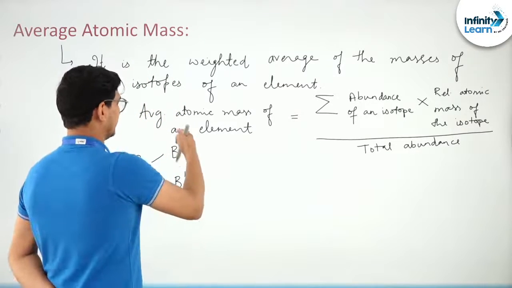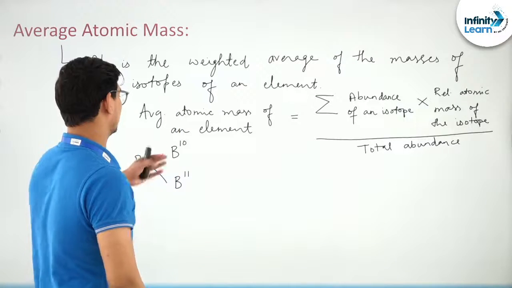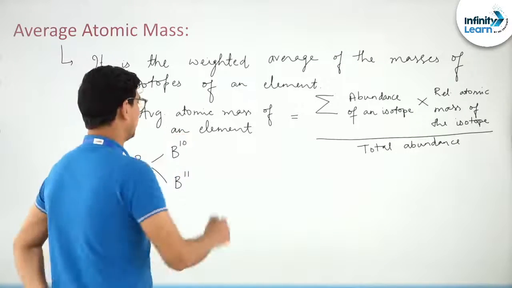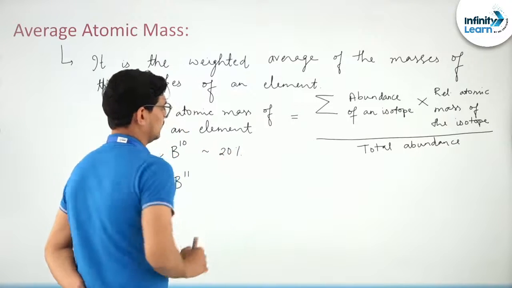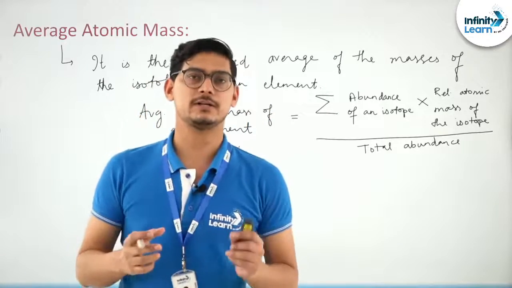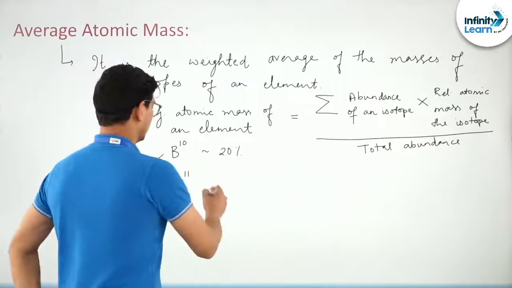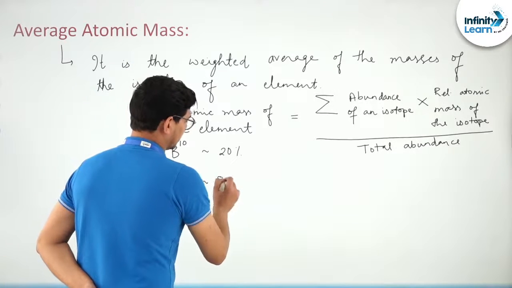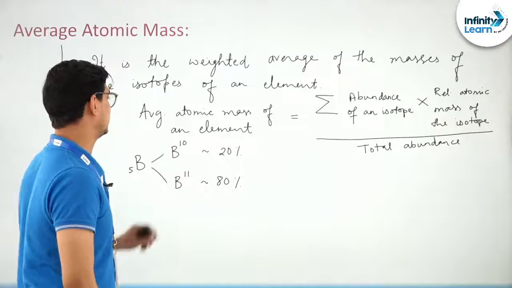By measurement, the percentage of B10 is found to be approximately 20%. That is, any sample of boron taken from nature is likely to contain approximately 20% of B10. So obviously B11 will constitute 80%. Alright, 20% B10 and 80% B11.